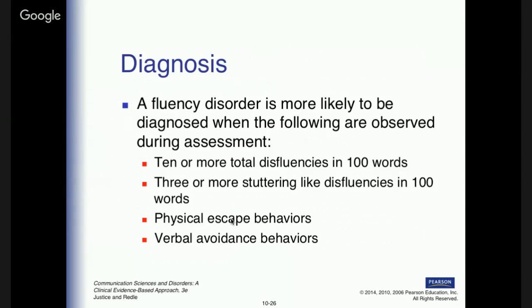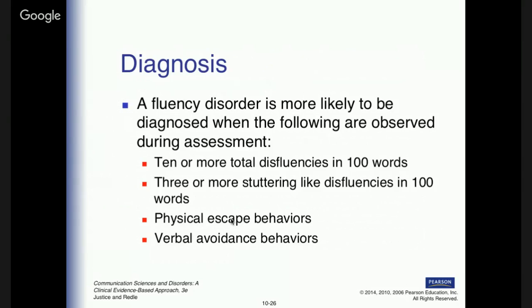Totally not worried about it, right? So it's those SLDs, those stuttering-like disfluencies. If I get maybe 1, 2, or certainly 3% SLDs, I'm going to be much more concerned about stuttering than if a kid has a ton of disfluencies, but they're all normal and typical and just totally fine. And then we're also going to look for any escape behaviors or avoidance behaviors.